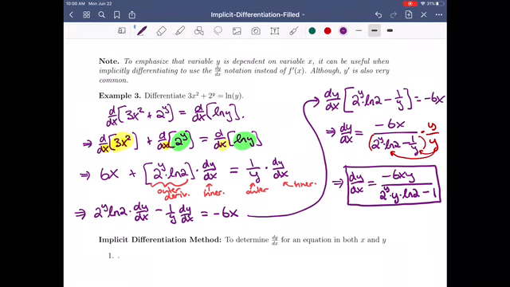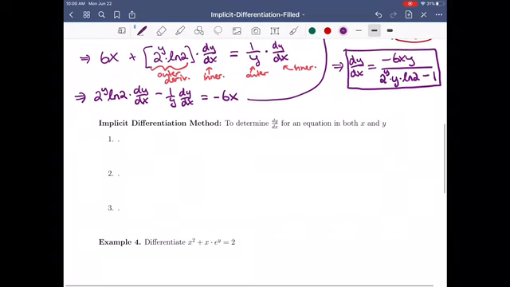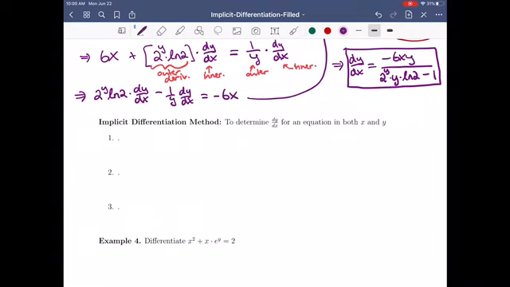Okay, so the method that we just used, to determine dy dx for an equation that has both x's and y's, is that we want to differentiate both sides of the equation with respect to x.